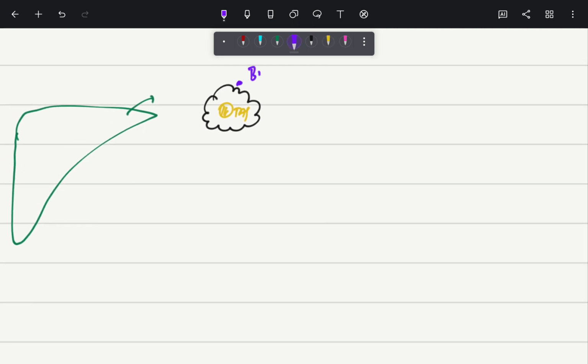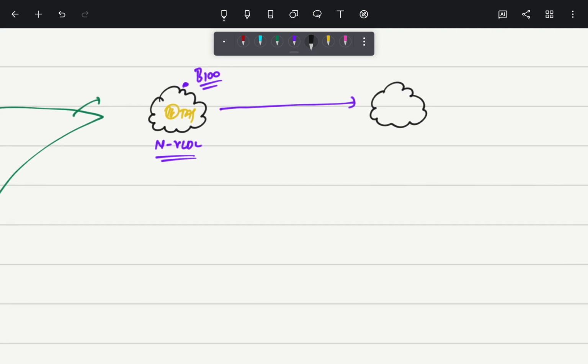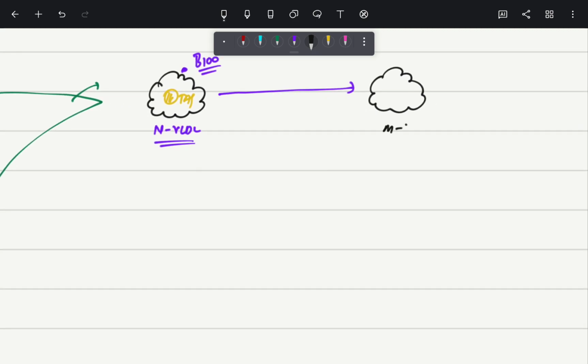On the top of it, it had ApoB100 protein. So this is your nascent VLDL. Eventually, it was getting converted into mature VLDL.